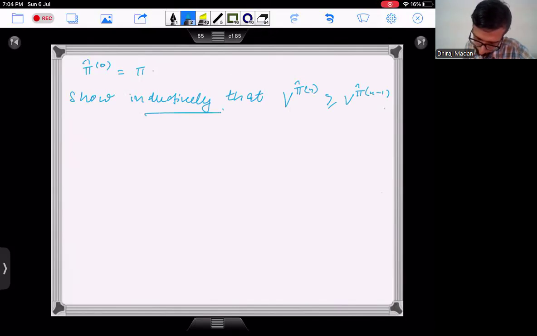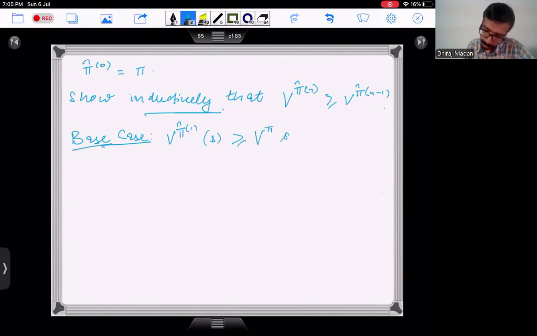So let's try to show the base case first, that V pi hat 1 of S is greater than or equal to V pi of S for all S. So how do we show this now? See what is V pi hat 1 of S. It is the value function if you follow pi hat for the first step and then follow pi from then onward.